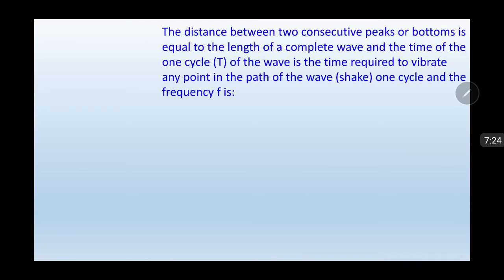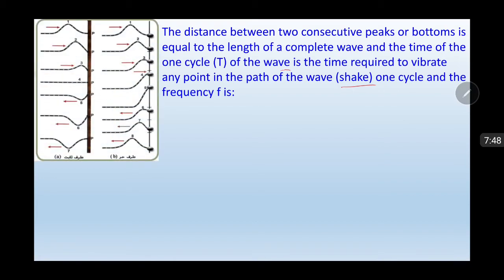The distance between two consecutive peaks or bottoms is equal to the length of a complete wave, and the time of one cycle of the wave is the time required for any point in its path to vibrate one cycle, and the frequency.